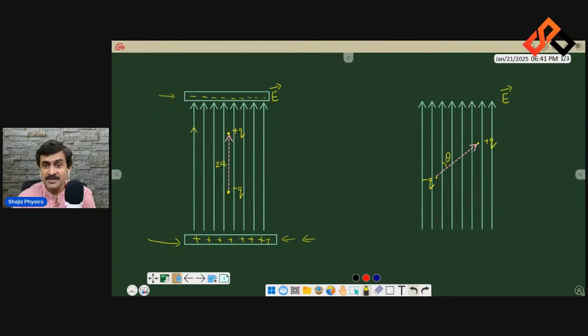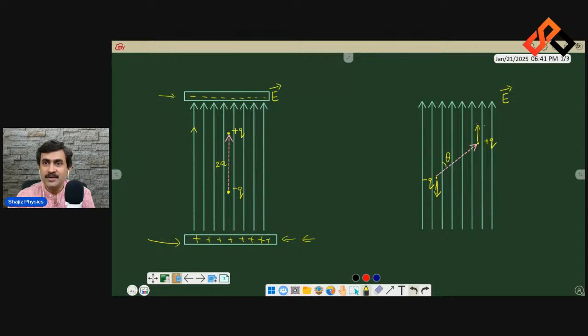So what will be the natural tendency of the dipole right now? We can consider two possibilities simultaneously. The tendency of plus Q will be to move towards the negative plate. At the same time, the negative charge will try to move towards the positive plate. That will be the natural tendency. Then what will be the force here?